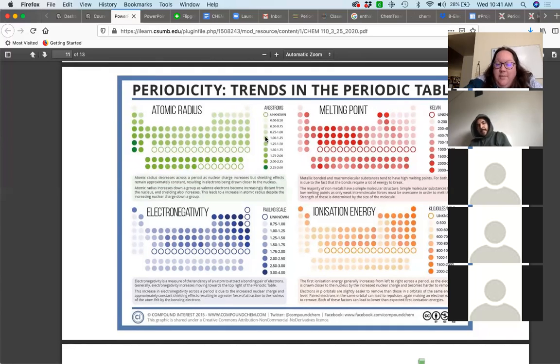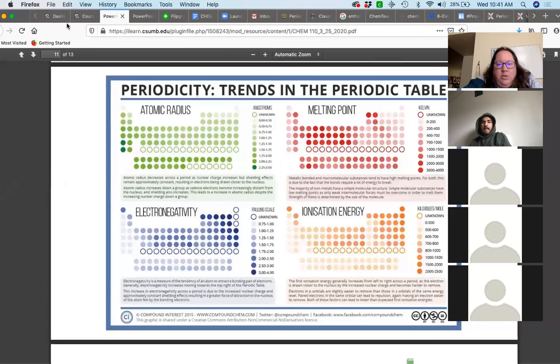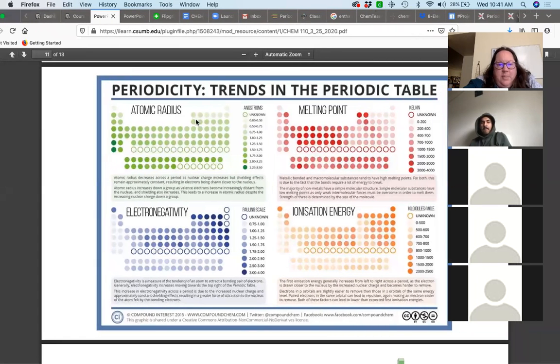But it is really helpful because you can see that not all trends are the same. So for example, our atomic radius we know increases as we go down a group, and it increases from right to left across the periodic table.